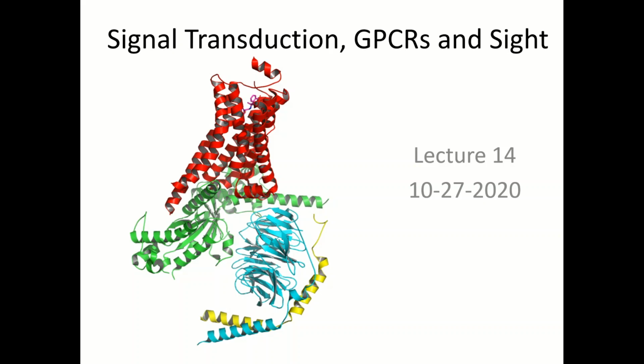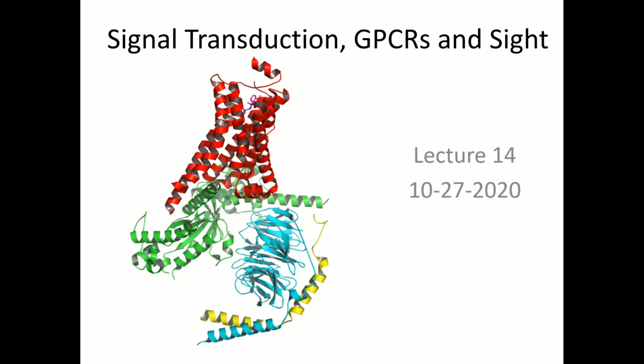we try to give a good overview of some of the different major pathways in signal transduction, and we'll show some specific examples of a couple important types of signaling molecules.